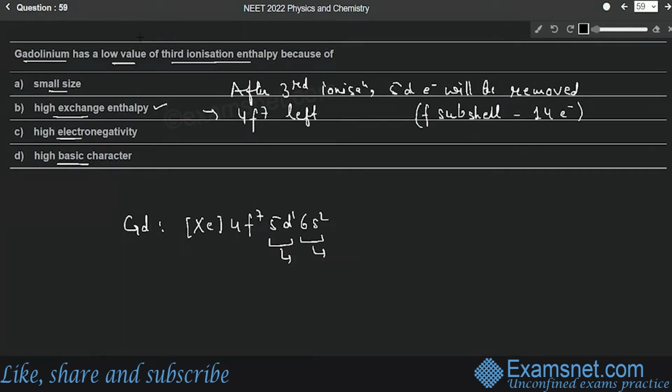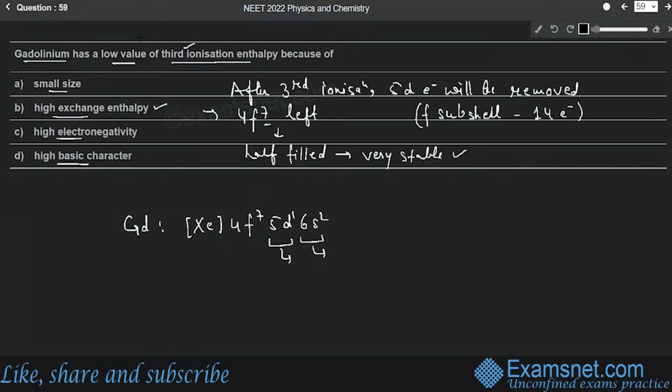So here we have 7 electrons. So we can say that this is half filled, and we know that half filled and completely filled orbitals are very stable. Therefore, it will be very stable, right? So the third ionization is leading to a very stable state, right?